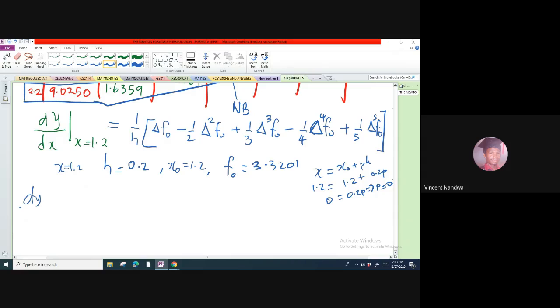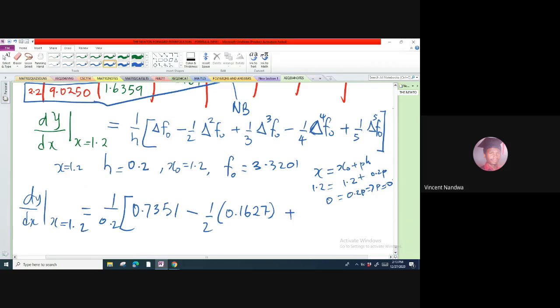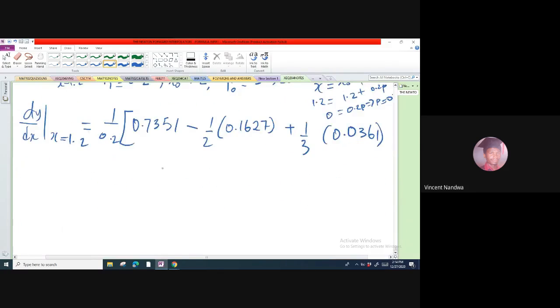So therefore, dy/dx at x equals 1.2 will be given by 1 over 0.2, which is h, into 0.7351 minus a half into 0.1627 plus a third into 0.0361 minus 1 over 4 into 0.0080 plus 1 over 5 into 0.0014.